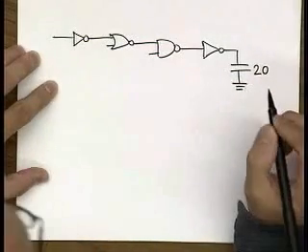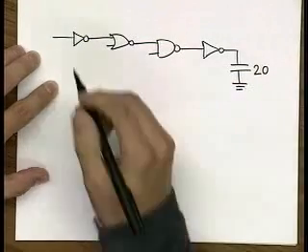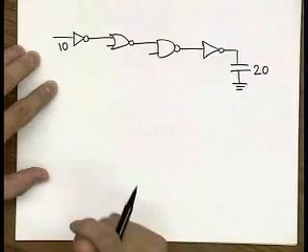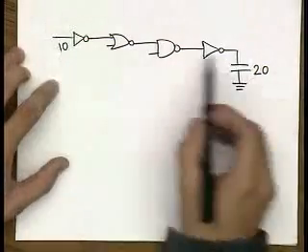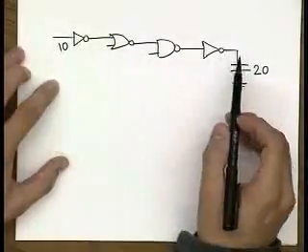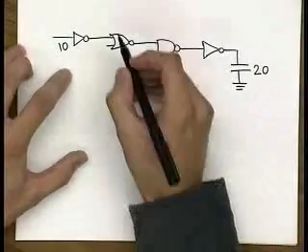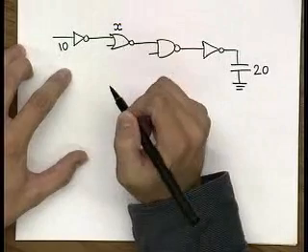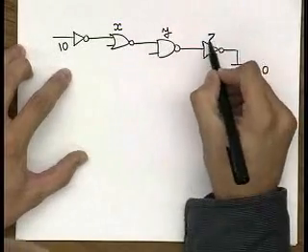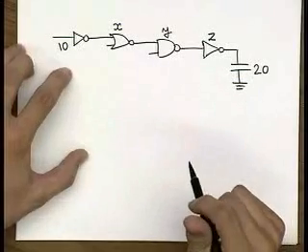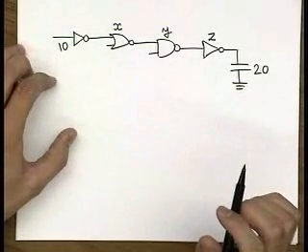Let's say that the output load over here is 20, and the input capacitance to this one is 10. And there are other things around, but let's just isolate this path. So what we need to do now is to determine the optimum sizing factors x, y, and z for this case, to get minimum delay.